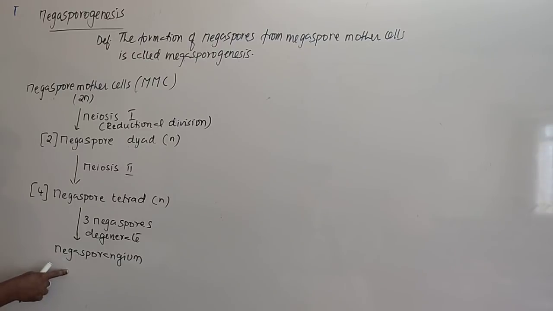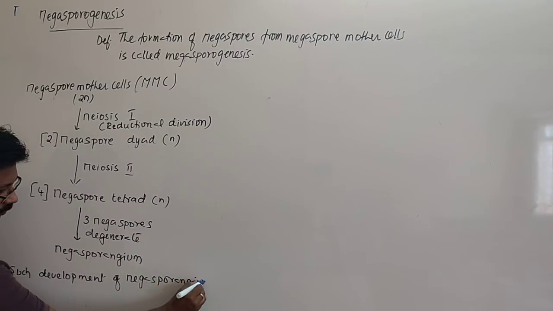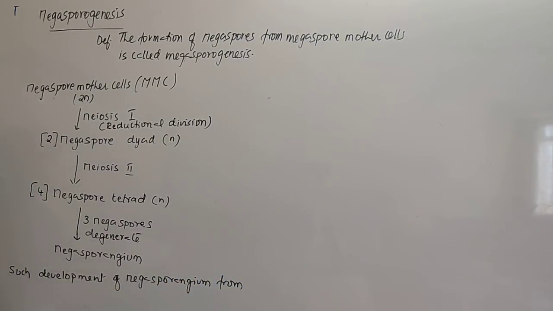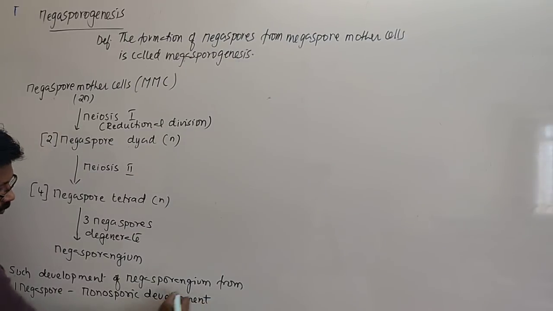Such development from one megaspore is called monosporic development. So let us see how this monosporic development takes place.